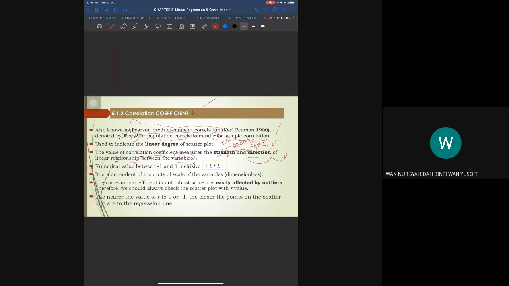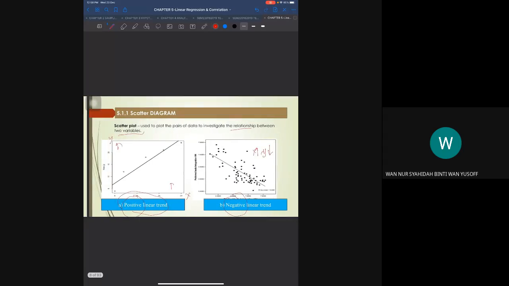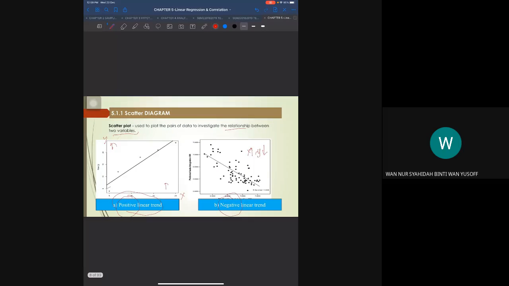When we draw the scatter plot and draw this line, we call it the regression line. If your data points are close to the regression line, then we can get a good sense that we have a strong relationship, but we cannot confirm that. To confirm that, you have to use the correlation coefficient.